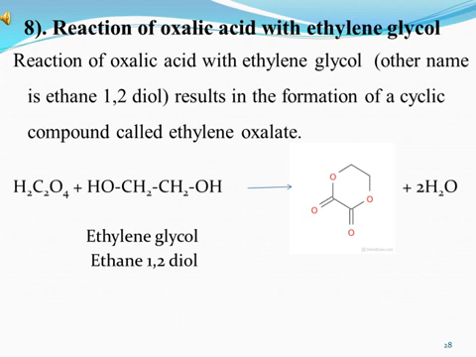In this reaction, you can see that oxalic acid reacts with ethylene glycol, or ethane 1,2-diol, to produce ethylene oxalate, which is a cyclic compound, and the release of a water molecule.